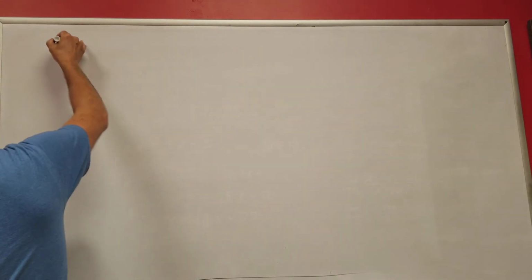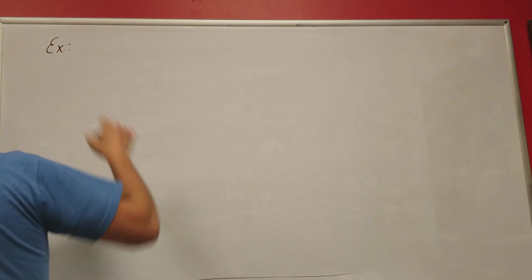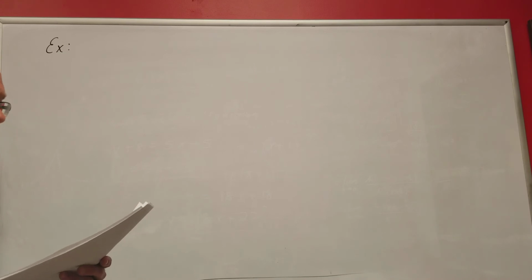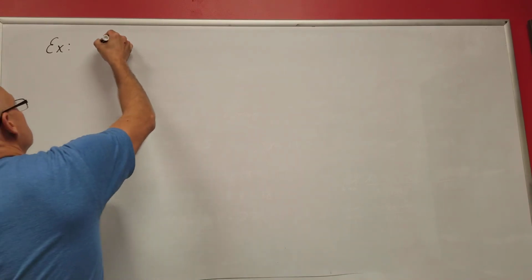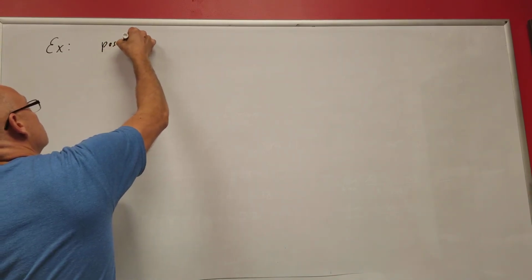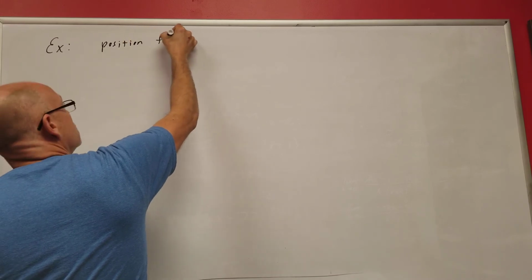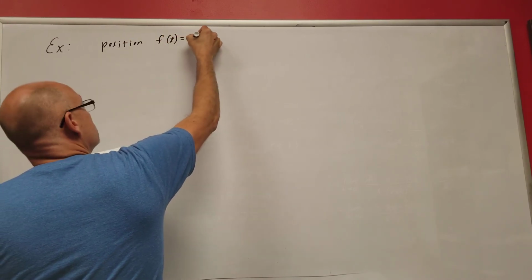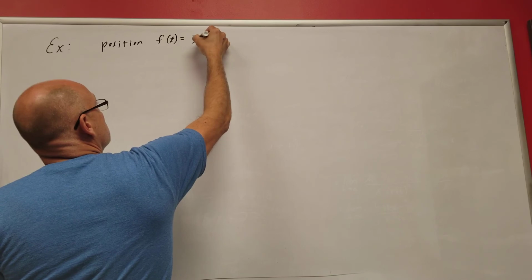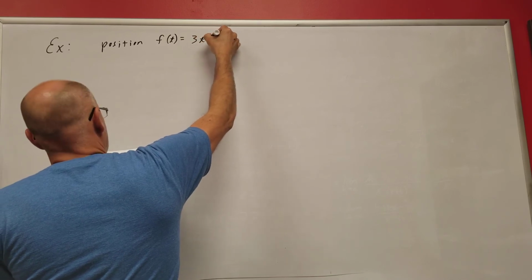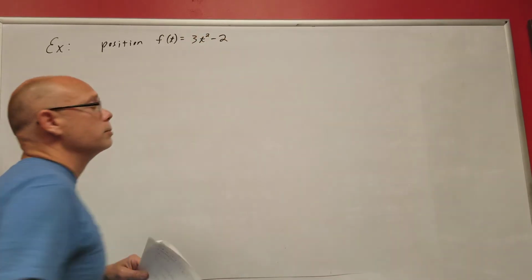All right, our example says what? Find the velocity function of a particle in rectilinear motion with position function f of t is equal to 3t squared minus 2.